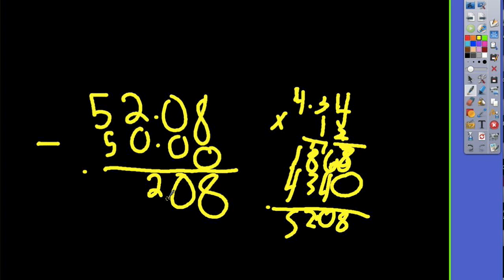So then you add the decimal because in the hundredths place, in the back here there's 2 places, and then you put the decimal.